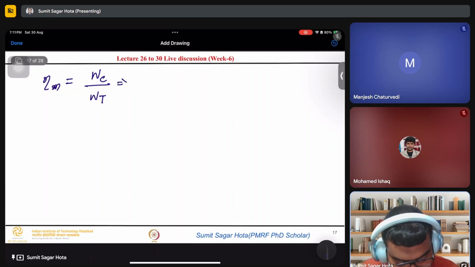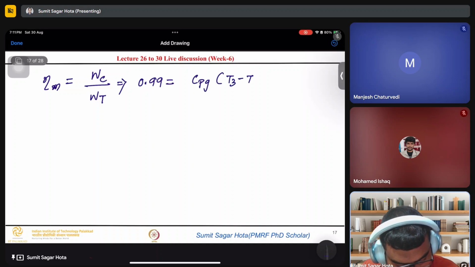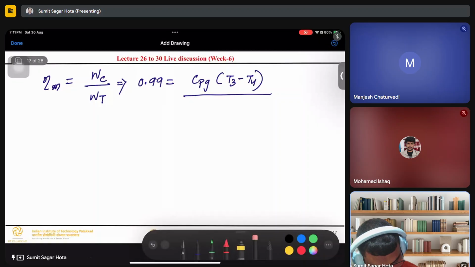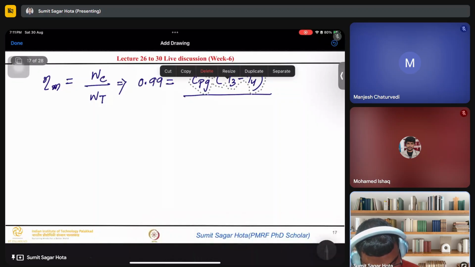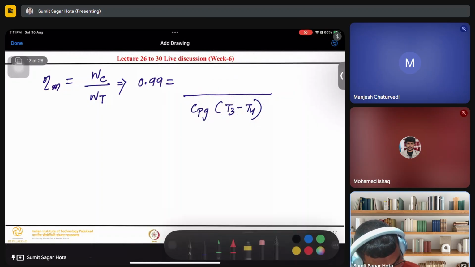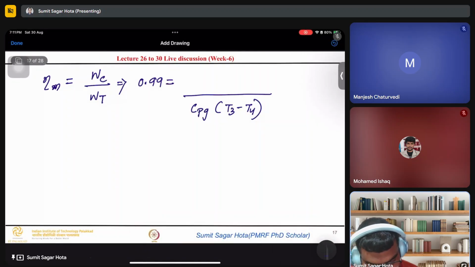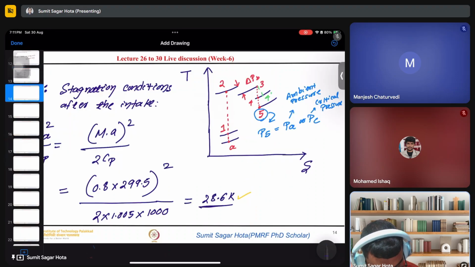Sorry, this is your turbine. Your turbine is operating between 3 to 4.